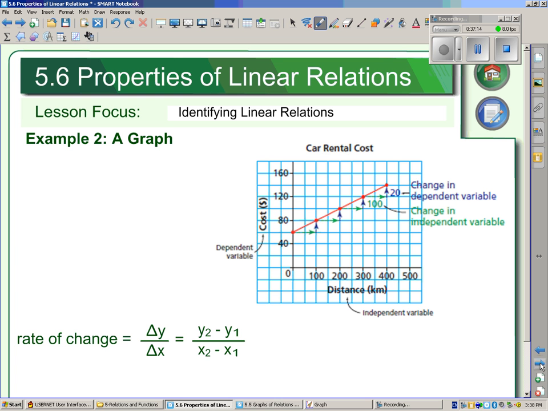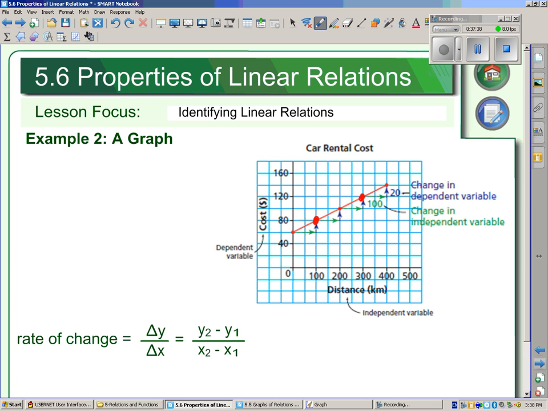If I took this point, I can't really read what that is on my graph. So that's no good to me. I need to take 2 points that I can read. So let's take this point right here, and we'll take this point right there. And I want to look at the differences in this to look at my rate of change.